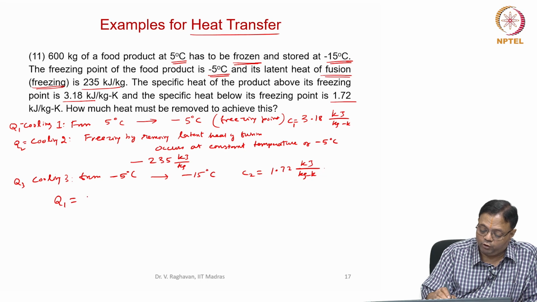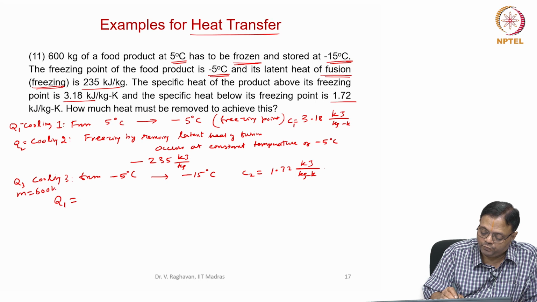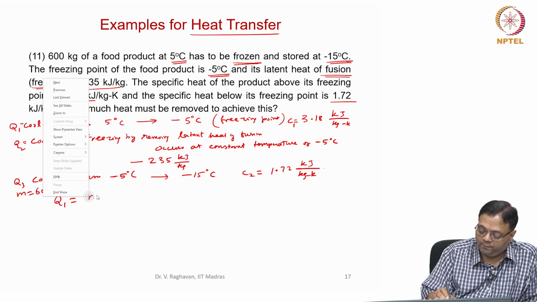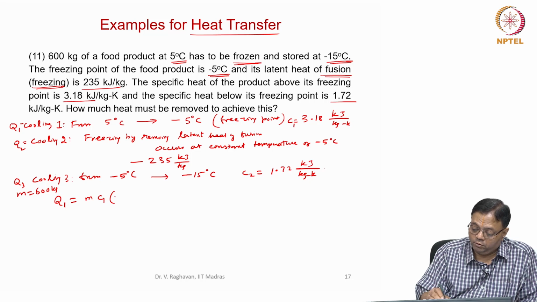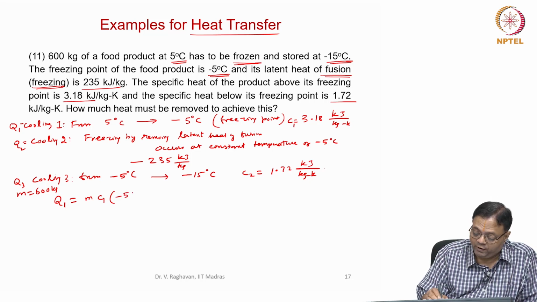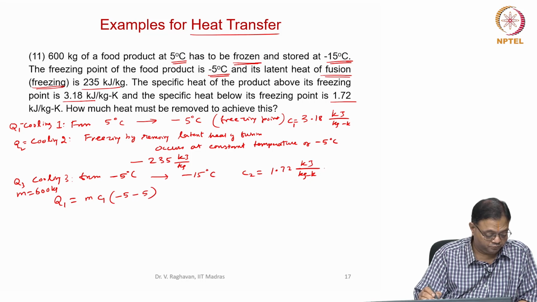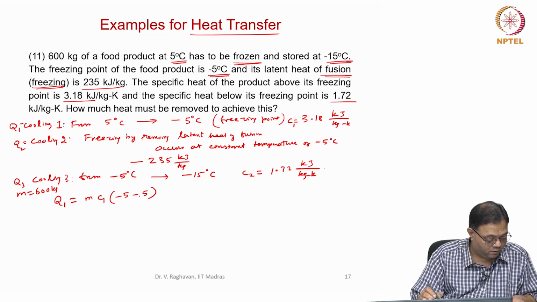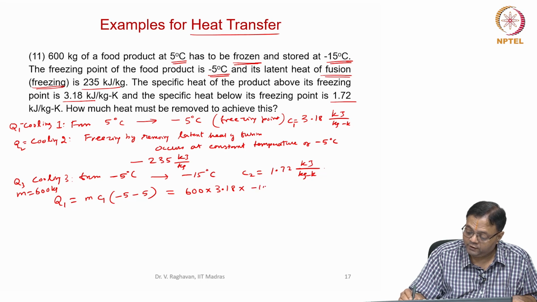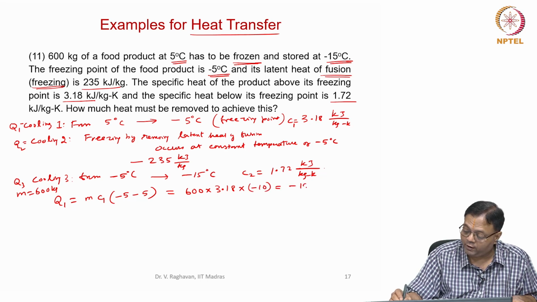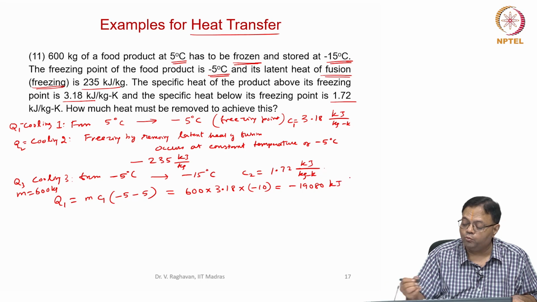So, Q1 will be equal to mass. M is given as 600 kg. So, I will say M C1 into T2 minus T1, that is minus 5 minus 5. So, that will be equal to 600 into 3.18 into minus 10 equal to minus 19080 kilojoule, that has to be removed.